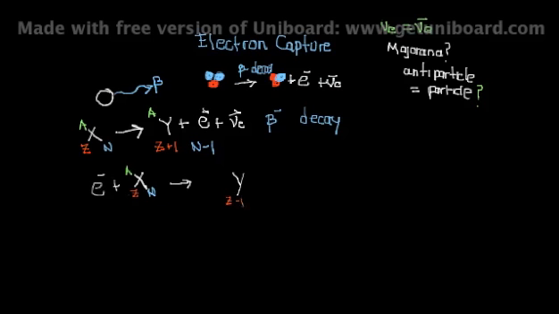And you have this. And we preserve the same number of protons and neutrons. But now we will have an emission of neutrinos.